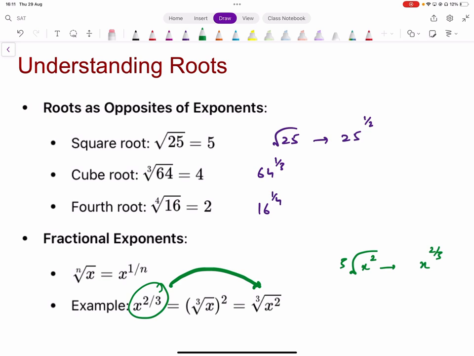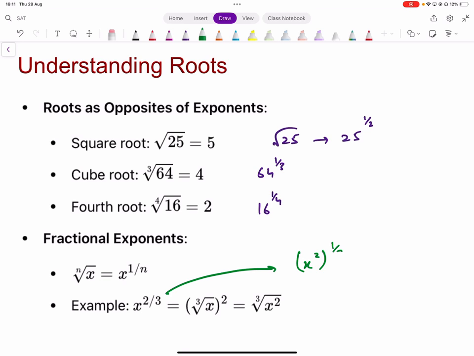Yes, so you can break it down into two parts as well. So, for example, what you're saying is, we can write this as x squared and then whole power 1 over 3. And then that power 1 over 3 can go out and become cube root like this. So it becomes cube root of x squared. All right. So the power that is in the denominator, that can be thought of as the root of that, right? Make sense?